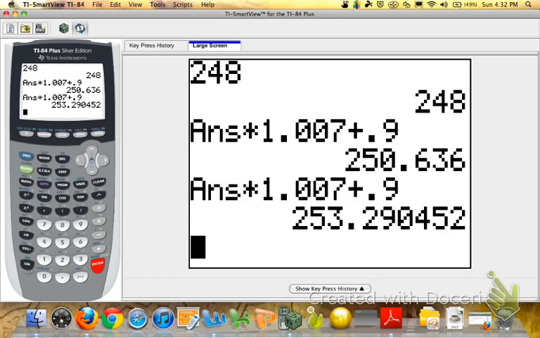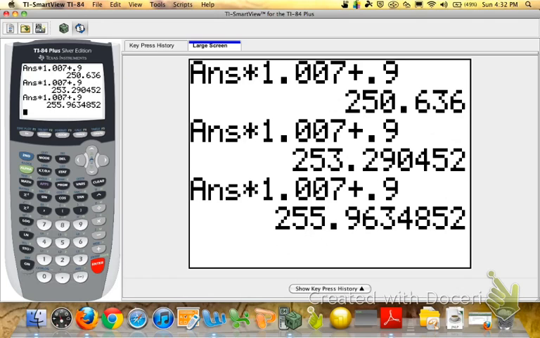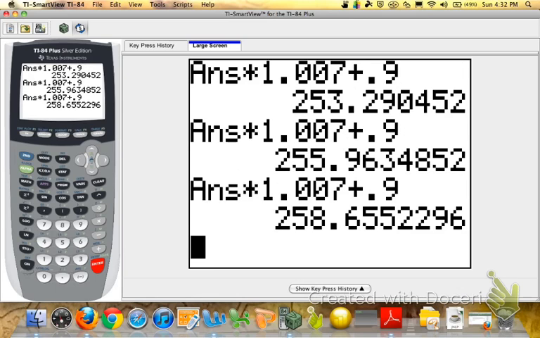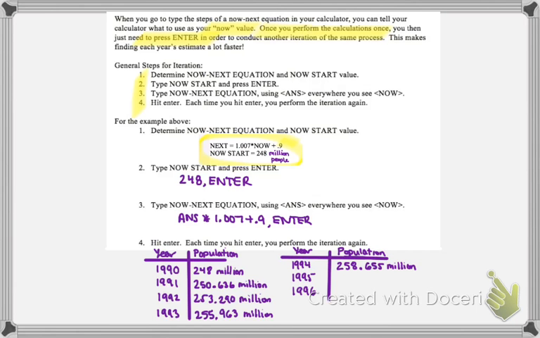So I'm just going to hit enter a couple more times until I can see a few more years. This would be 1993, 1994, and now I need to copy these ones down before they disappear. Okay, so you can see I've copied up to 1994, so then I'm ready to advance my calculator just for the last two years up to 1996.